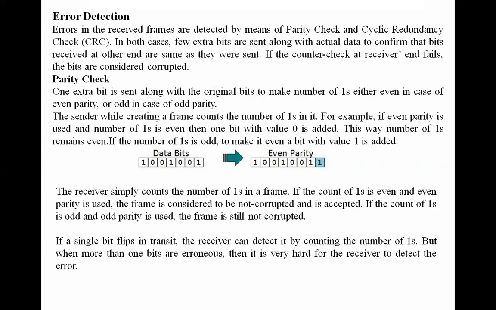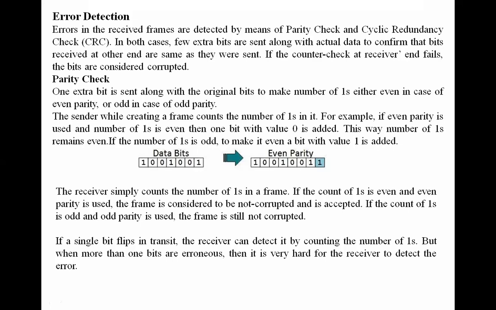Next is parity check. How are we going to check it? An extra bit is sent along with the original bits to make the number of ones either even in the case of even parity, or odd in the case of odd parity. There are mainly two types of parity bits: even parity bit and odd parity bit.